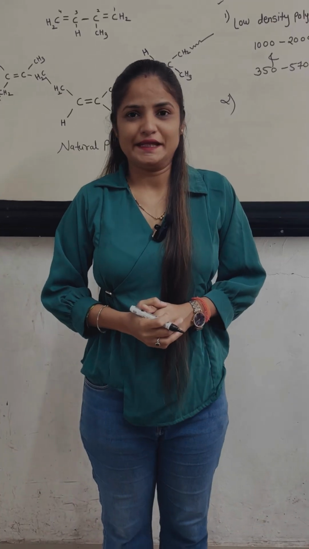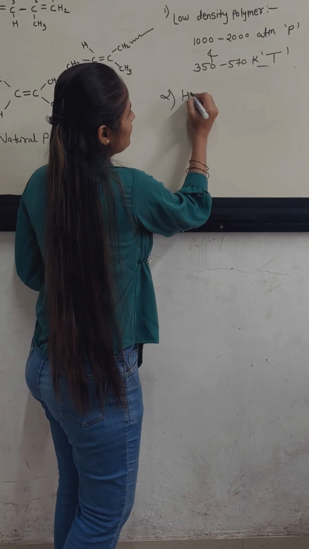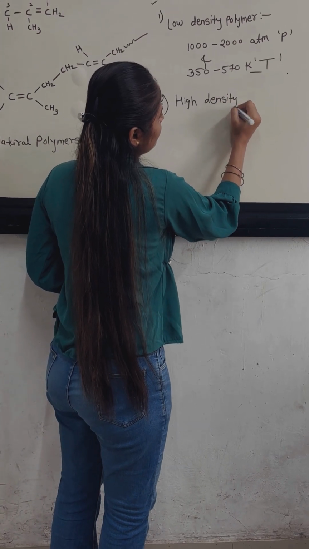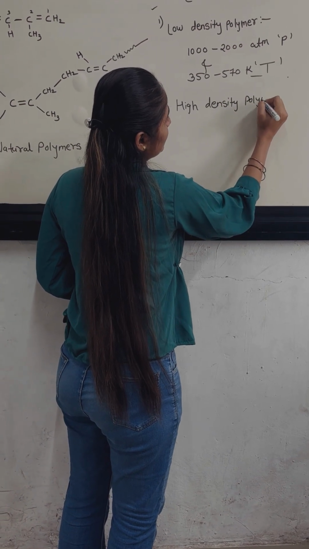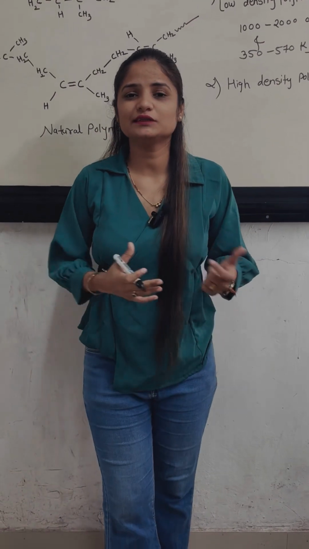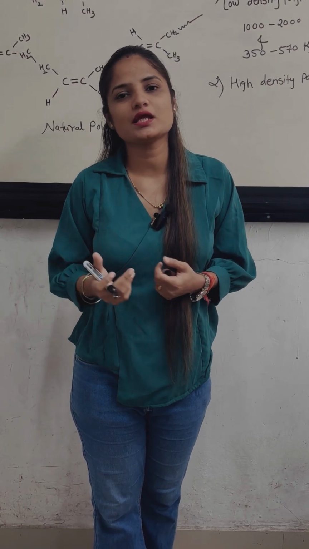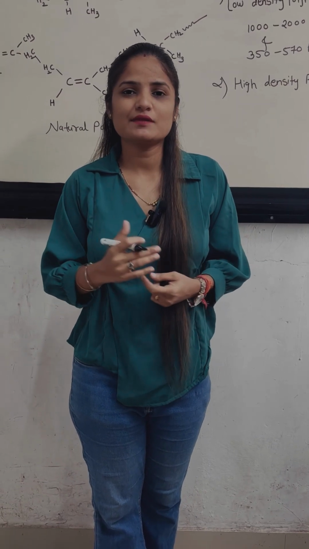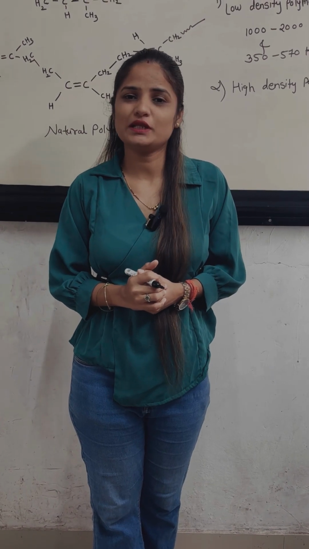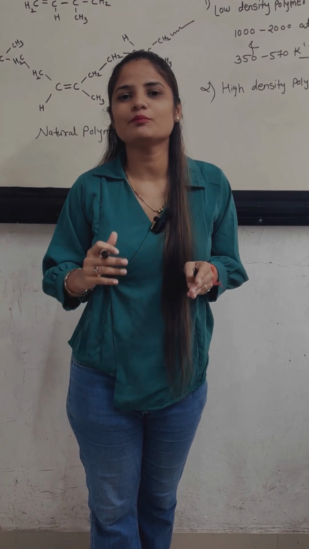So the next is the HDP, that is high density polymer. Okay, when ethene is heated at 6 to 7 atmospheric pressure and 333 to 343 Kelvin temperature in the presence of the Ziegler-Natta catalyst. We know the Ziegler-Natta catalyst is a combination of triethyl aluminium and titanium tetrachloride.